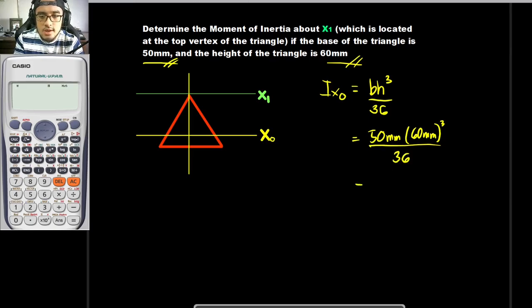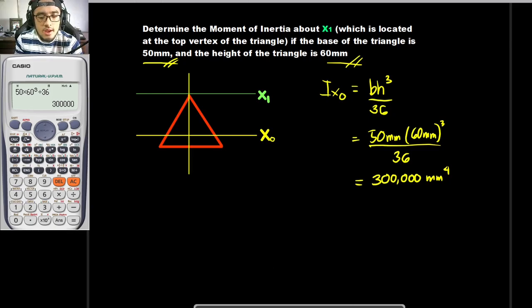Looking at the calculator, 50 times 60 cubed divided by 36, the answer here would be 300,000 millimeter raised to fourth. That is the moment of inertia about the centroidal axis.